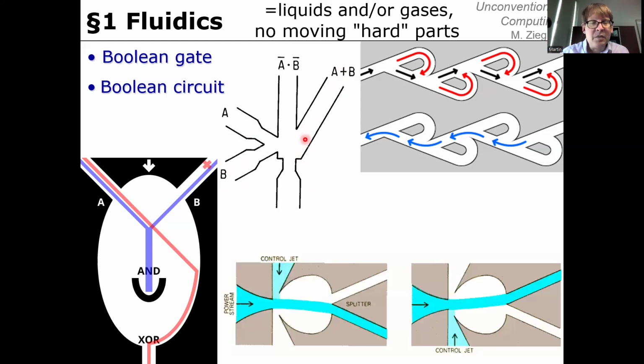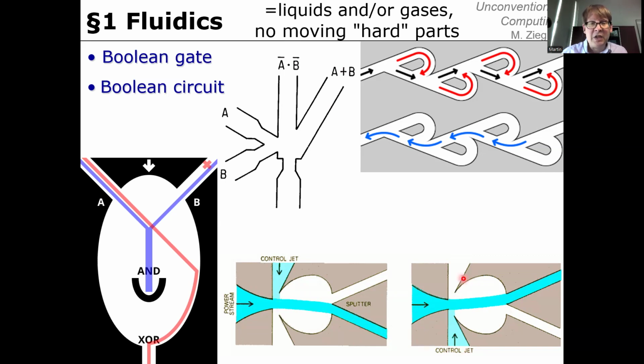And this here is similarly an amplifier. Here's a power input stream, and here's the low power control jet from top or from bottom, deflecting the powerful input stream, either in this way or in this way. And this is a way of amplifying the control jet, right? The control jet has low power, but it controls and produces a high power output jet either here or here.